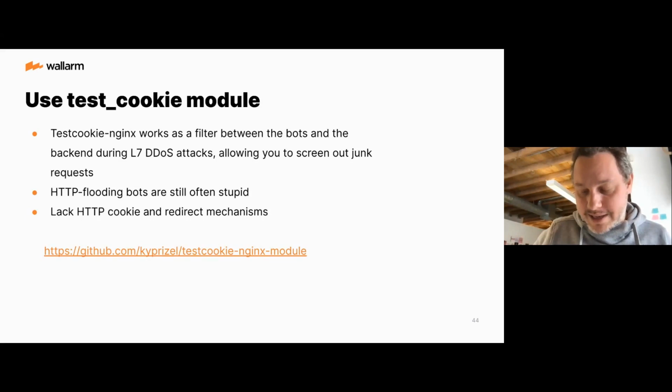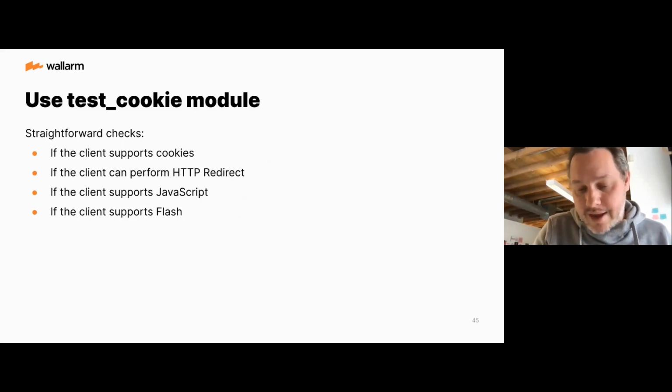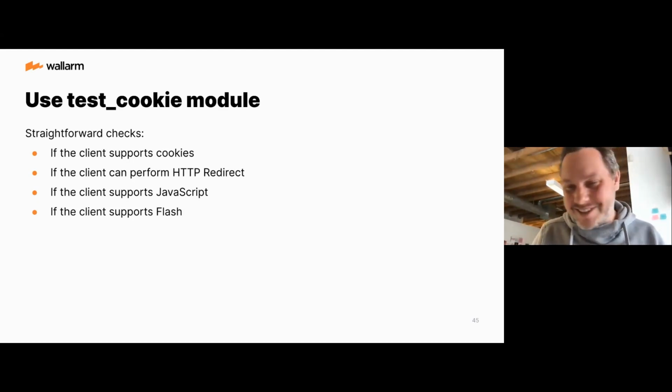So one of the things is basically to use modules that can run different kinds of checks against the bots. As I've said, there are still a lot of bots out there that are very basic. What you can do is check if the client supports cookies, or if the client can perform an HTTP redirect, or if the client supports JavaScript. If the client supports Flash, I don't think that you need to do this check anymore.